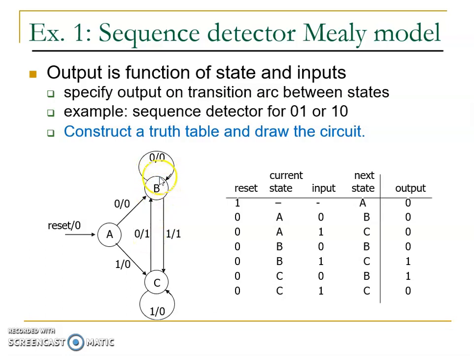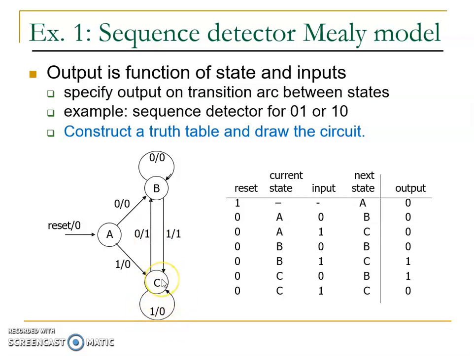If we start from state B also, the input 0 and then the next input is 1, so the output will be 1, because it detects 0, 1. For 1, 0, the output will be 1 also. And then for state C, 1, 0, the output will be 1.